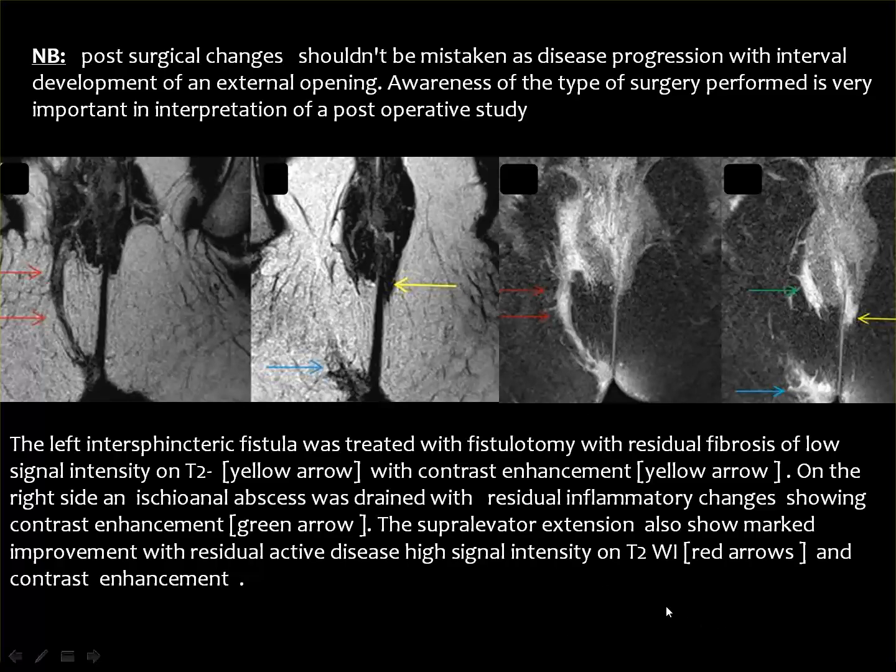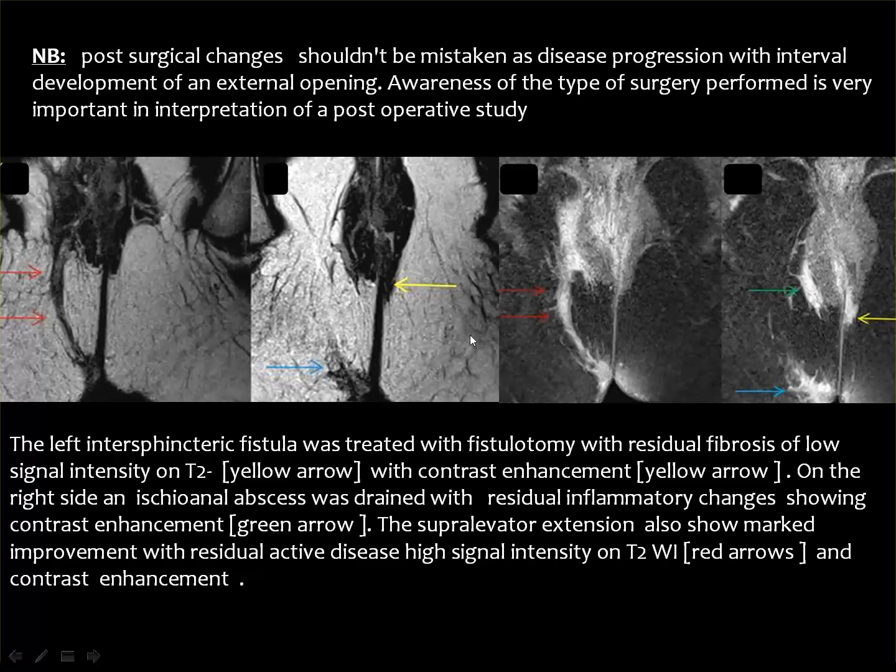This is very important, and you can also have some information from the T2 weighted images by identifying some fluid signal within the tract. This means that there is active remaining activity, but if you get total low signal at the site of the fistula, and also this fibrous tissue, whenever it matures, it will not enhance.